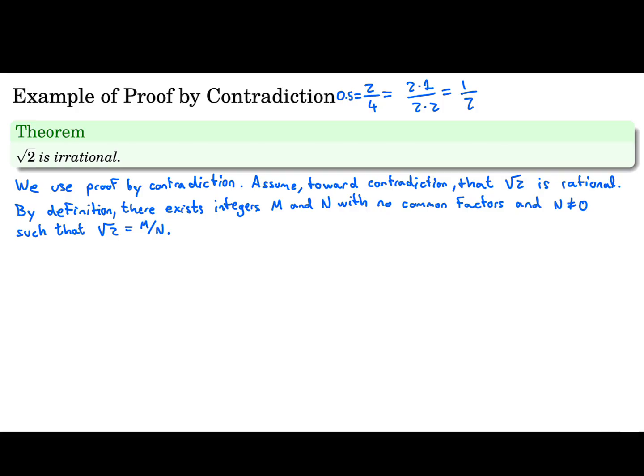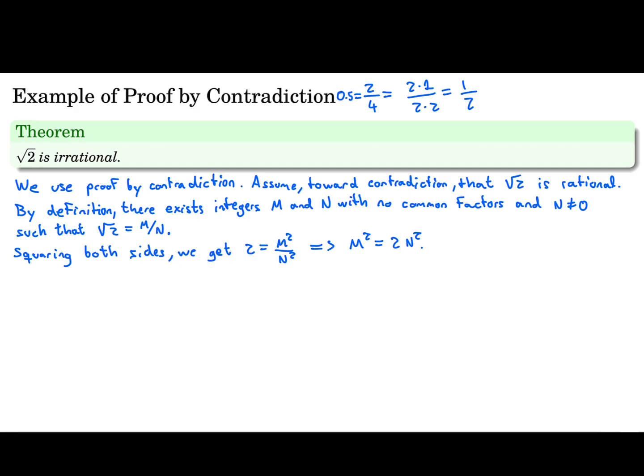So if square root of 2 is equal to m over n, if you square both sides, we get that 2 is equal to m squared over n squared, and this implies that m squared is equal to 2n squared.